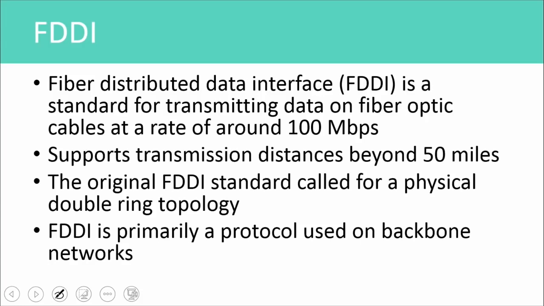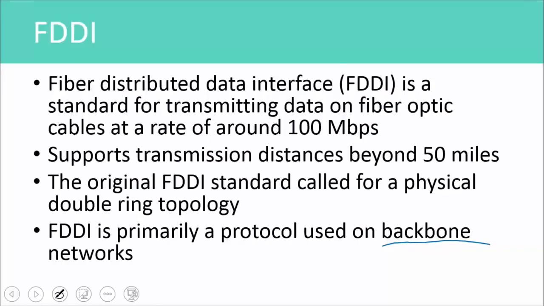FDDI is primarily a protocol used on backbone networks. And something I think is really interesting is backbone networks in general. That's where all data is being sent across the internet at super high speeds, right? The internet is a really complex system with a very complex infrastructure, but the backbone is where things are being sent back and forth at their fastest.